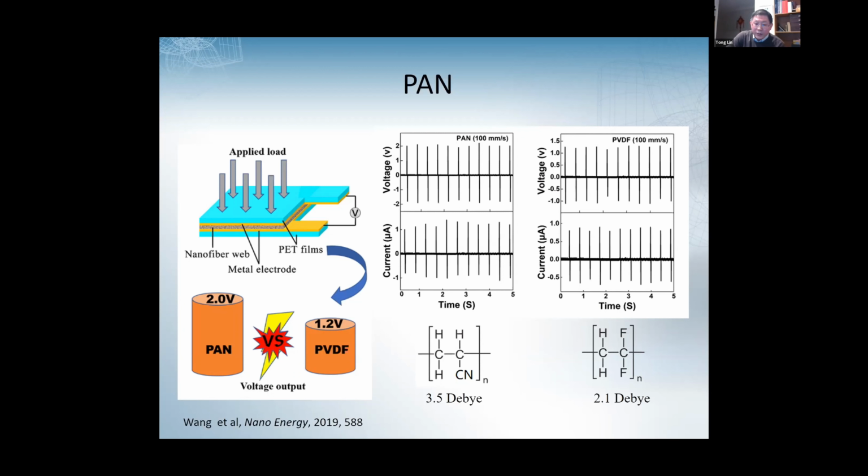However, the conventional technology doesn't support this. That was why people always thought PVDF is the best piezoelectric polymer. However, when we use electrospinning, we prove PAN indeed has better piezoelectric property.